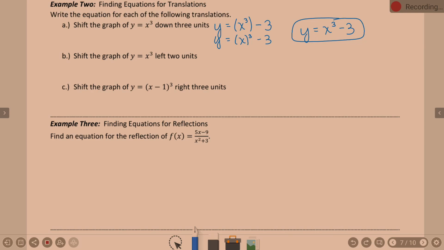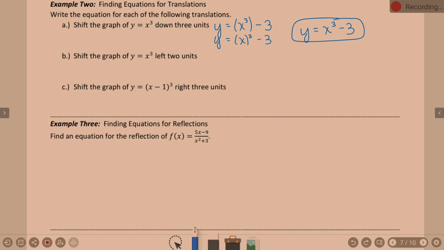Now, listen up. All 3 of these would be considered correct. They all show equivalence in this situation. It's the idea that the minus 3 is not in the parentheses with the x. In this situation, because there is no left to right movement, I would say you don't even need parentheses. And that's what you would typically see: x cubed minus 3.